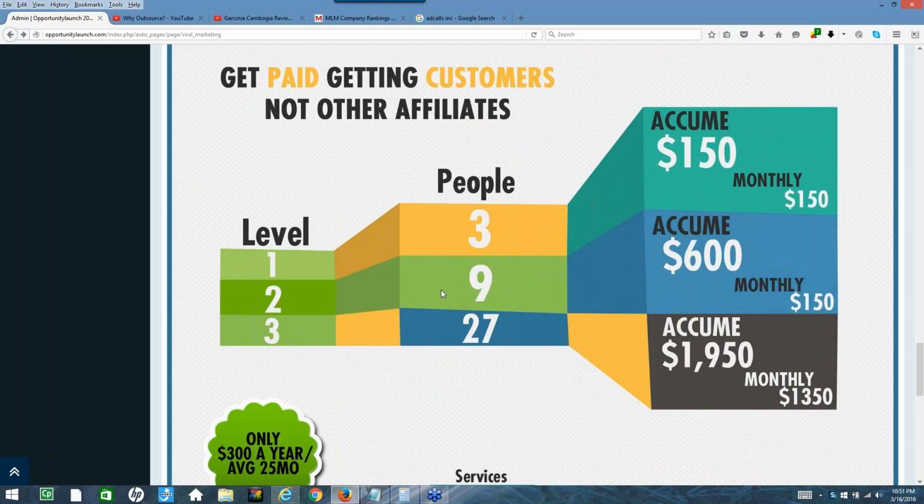Then from there, it doesn't matter if you have 2 people or 4 people on the second level, you're definitely going to be getting paid as well for each of those people. It basically works out to $50 per month per customer. So a customer who is on this level or this level, it's $50 a month that you're earning from each one of them.